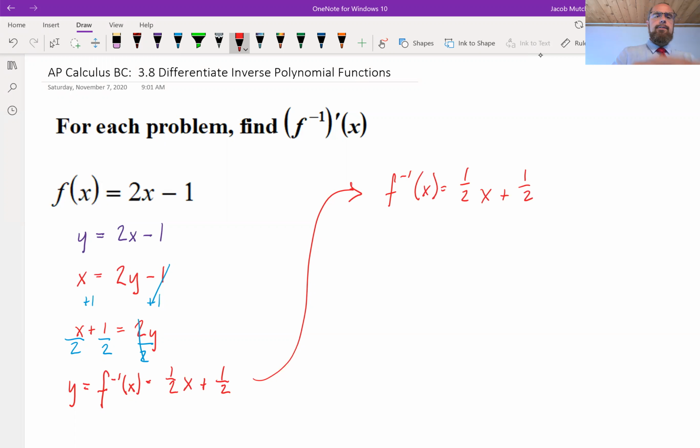So for me to take the derivative of the inverse, I'm just going to apply my differentiation rules. So the derivative of 1/2 x is going to be just 1/2. And then the derivative of x, remember, of the linear term is just 1, plus derivative of 1/2 is 0, and that reduces down to just the constant 1/2.